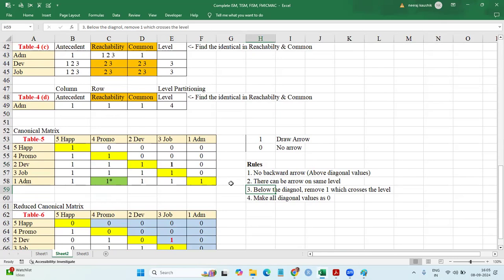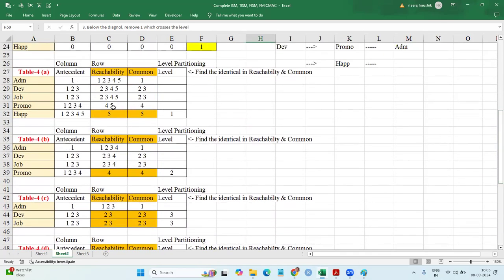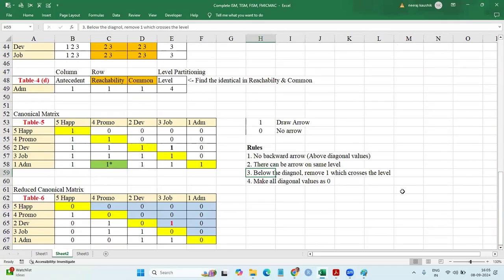Yes, we will always get one or might be 2 also. Latika, there might be in the first place here. What if there are 2, 3 values? This is exactly the same. All will be at the same level. At least one will be there, but there can be more than one also. Now look at the diagonal.